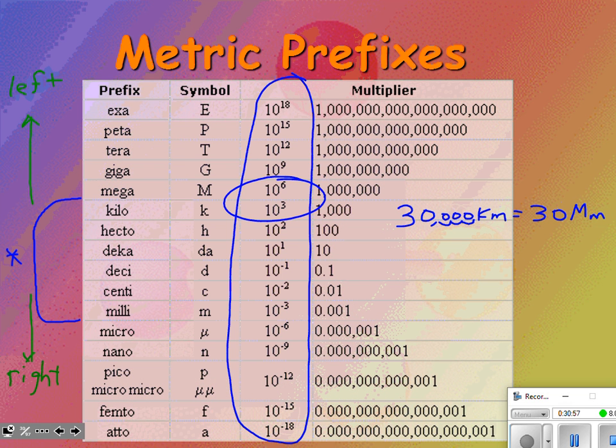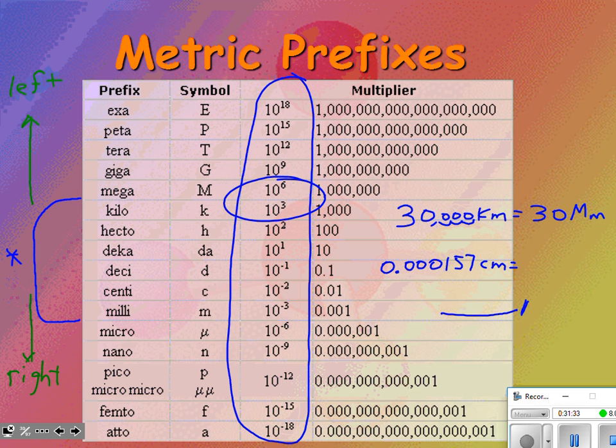Now, let's say that I have a very small number, 0.000157 centimeters, and I want to know how many micrometers that would be.